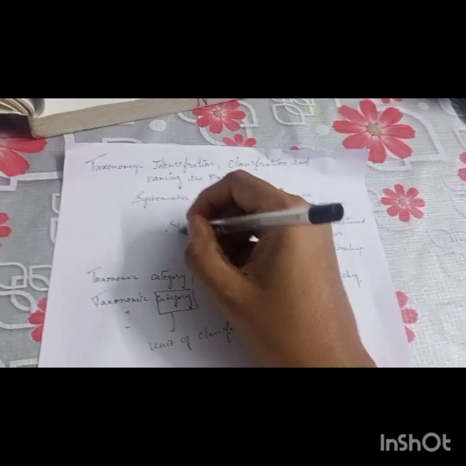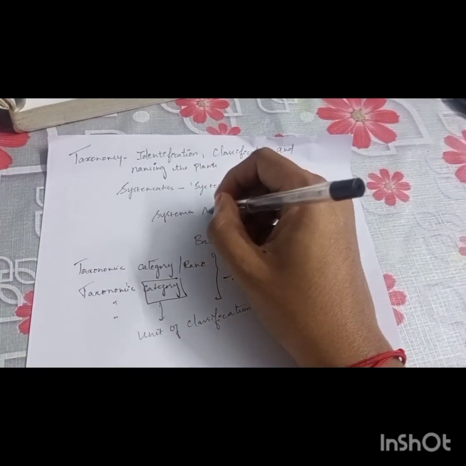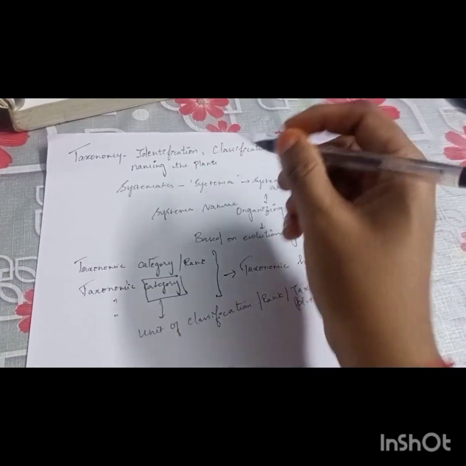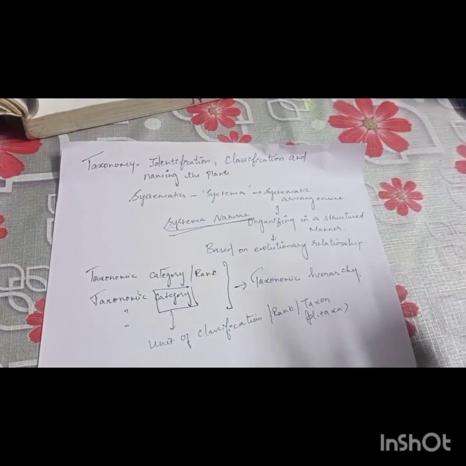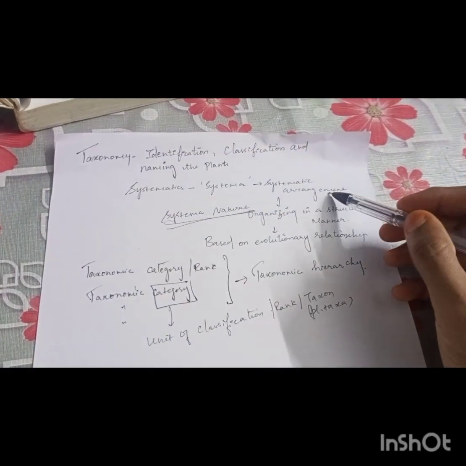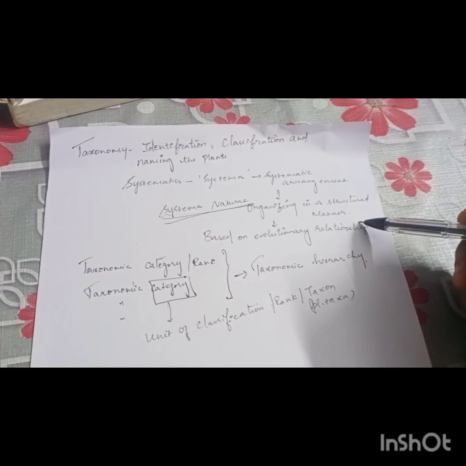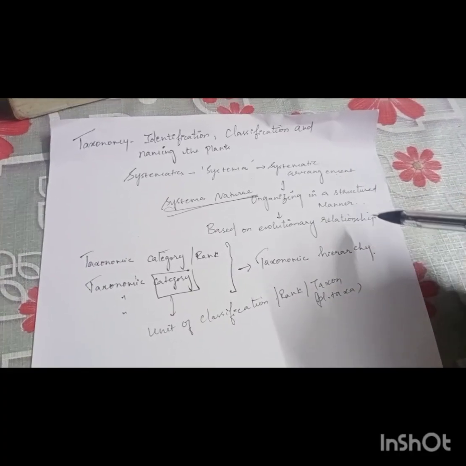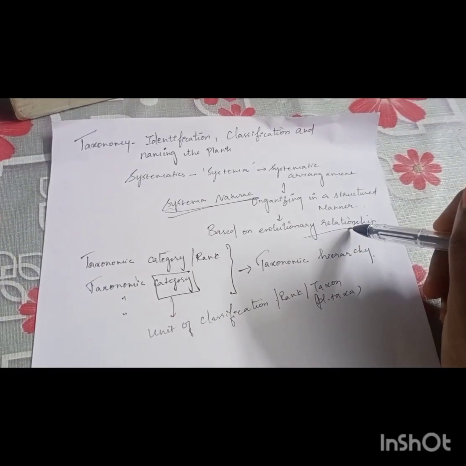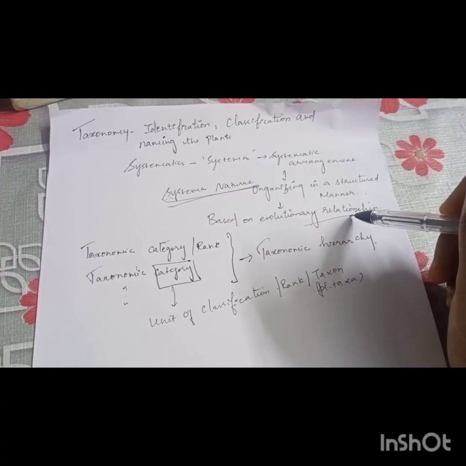What is that? It is Systema Naturae. It's a book written by Linnaeus, and in the systematic arrangement, the arrangement is in a structured manner, and it is usually based on the evolutionary relationship among the species.